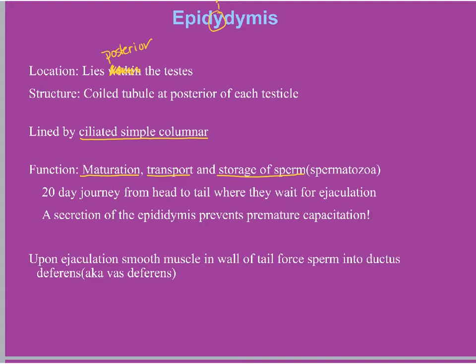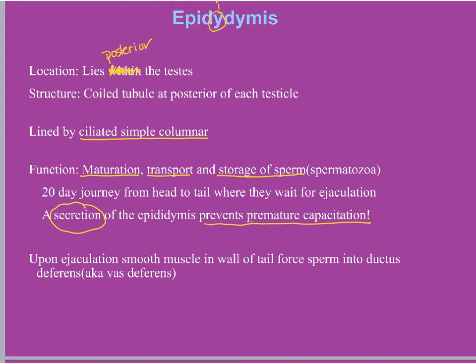So it's about a 20-day journey, 3-week journey from the head to the tail of the epididymis. And at the tail of the epididymis, there's a secretion of the epididymis. You don't need to know what it is, but it prevents the sperm from maturing any further.